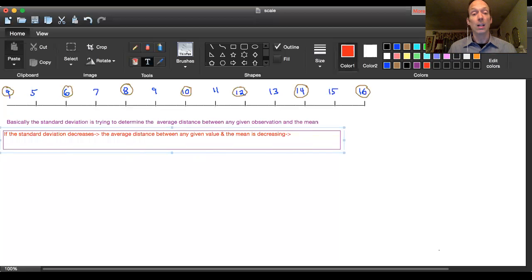So the values are getting closer to the mean. Let's open up our box, and we're going to say observations. All the observations would be moving closer to the mean.